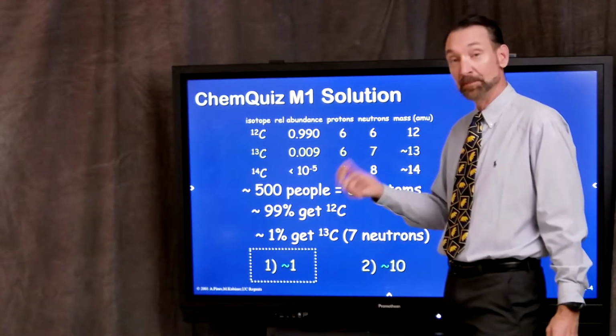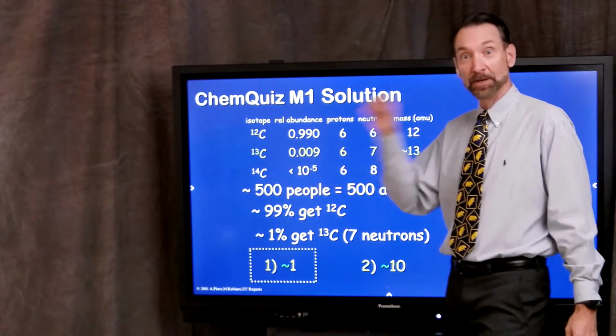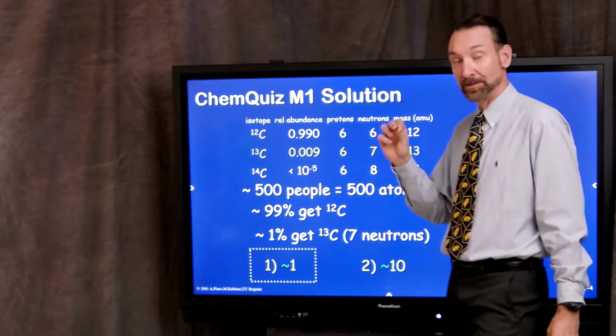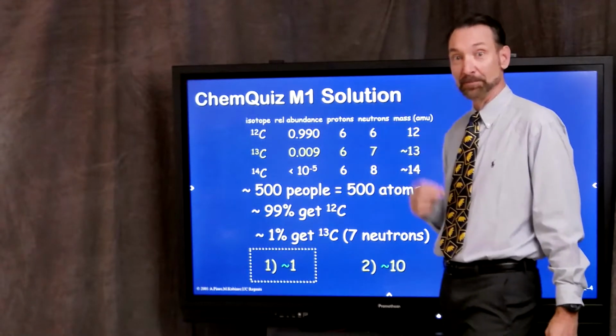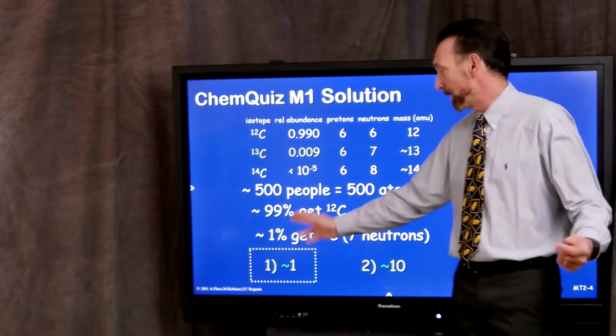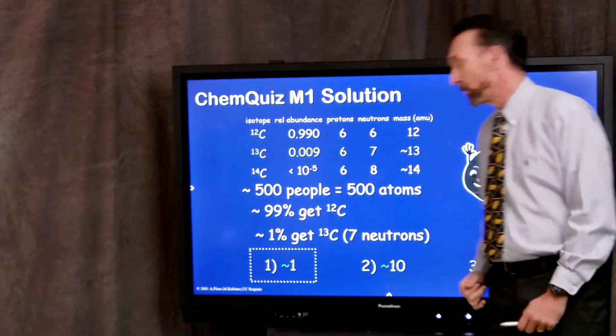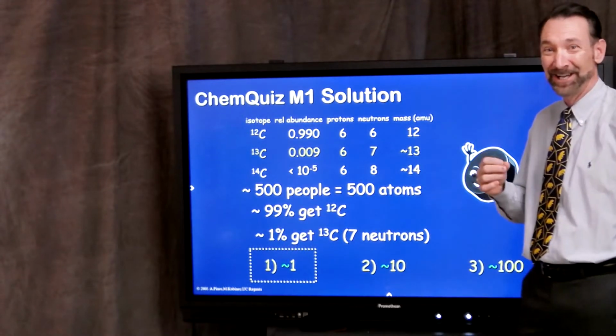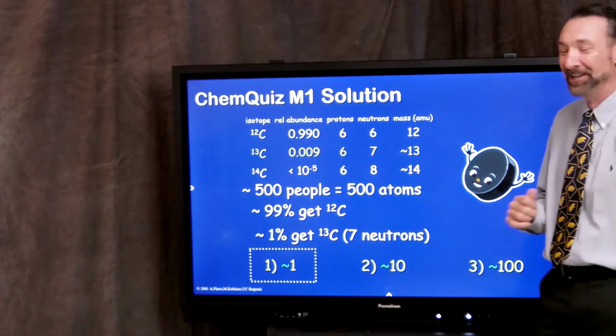So 1 in 100 people will get a carbon with 7 neutrons if everybody picks at random. And there are about 100 or 150 of us, so about 1 of us will be the lucky 1 neutron winner.